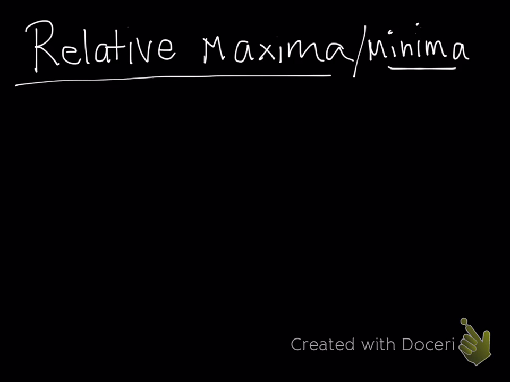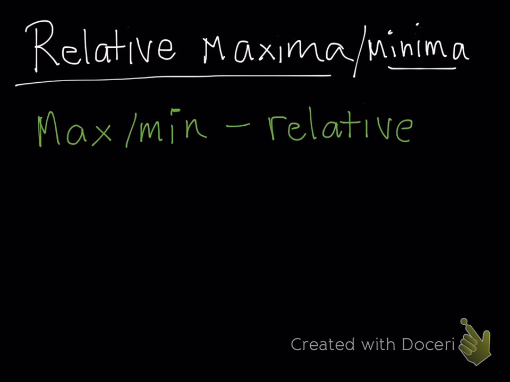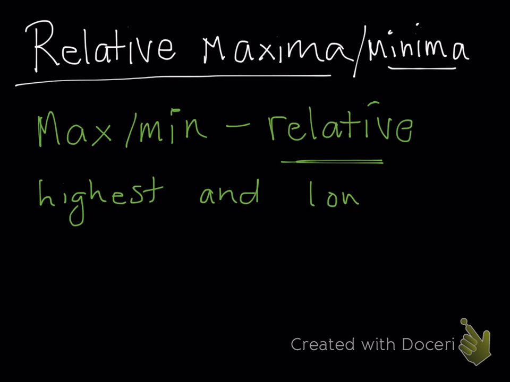The last thing we need to discuss is relative maxima and minima. Your max and min would be your highest and lowest points, so your relative highest and lowest points.